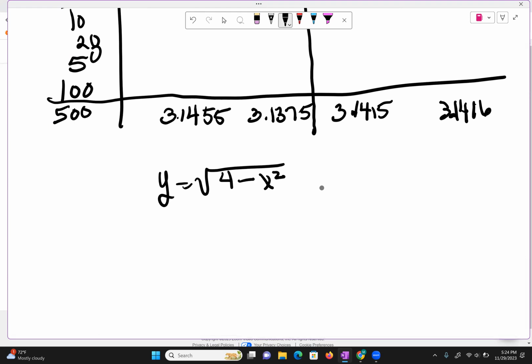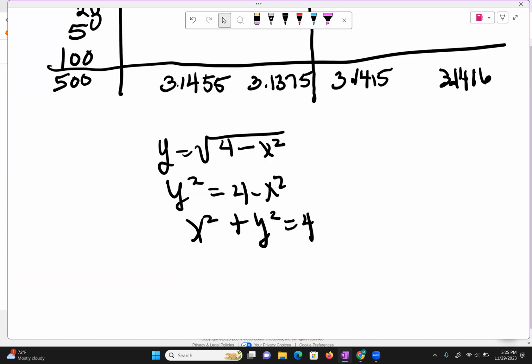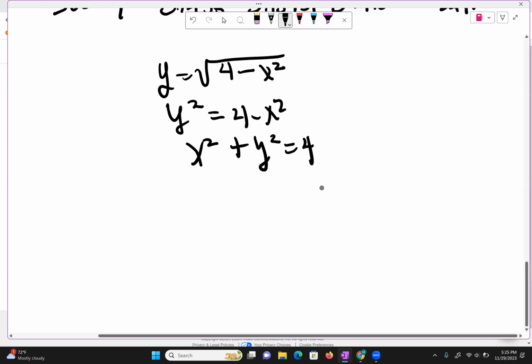And if I square both sides, I end up with y squared is equal to 4 minus x squared. So x squared plus y squared is equal to 4. And so in that case, you notice it's a circle, basically.